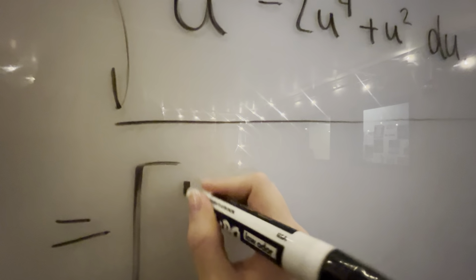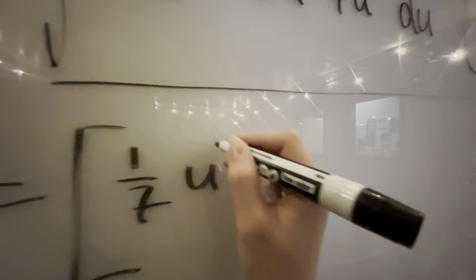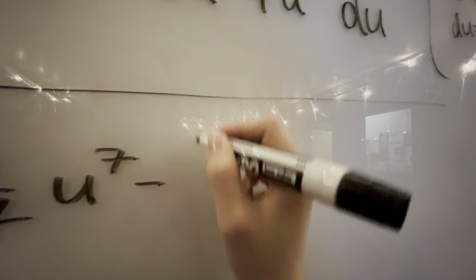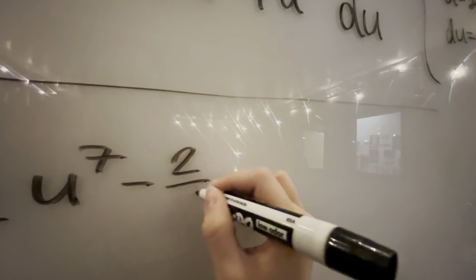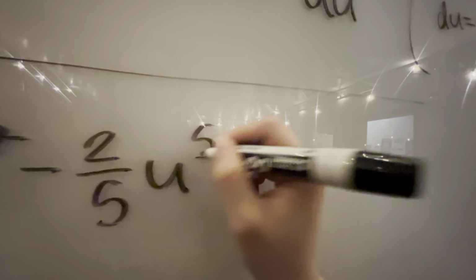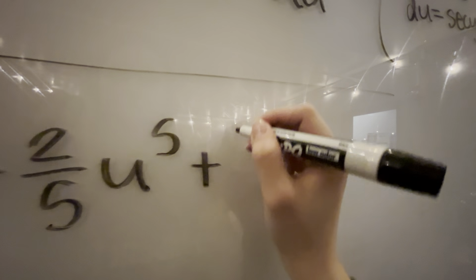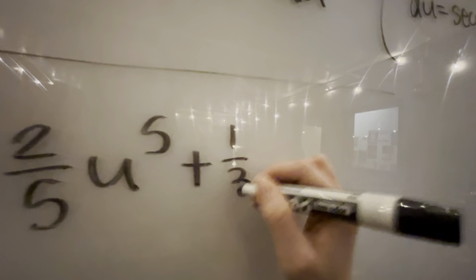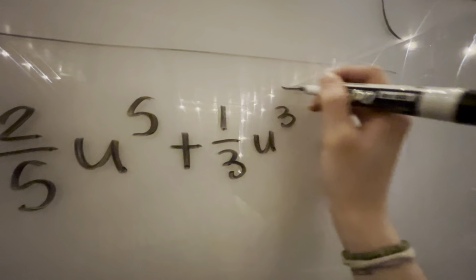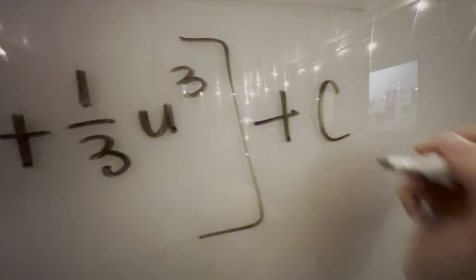That's gonna be 1/7 u to the 7th minus 2/5 u to the 5th plus 1/3 u to the 3rd. Alright, and then our plus c.